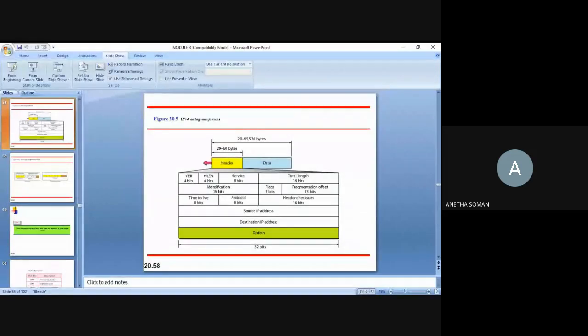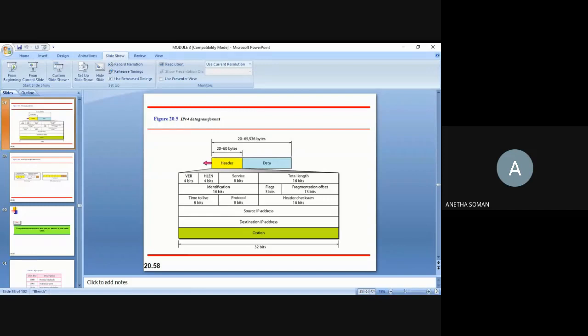Once the datagram is processed by a router, the time to live field gets decremented. They will be setting a value that will go on decrementing, and once it reaches zero, the datagram will be dropped. That much time it is allowed to remain in the network. So that is about the time to live field.